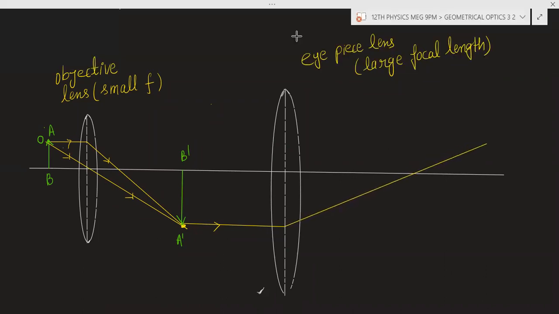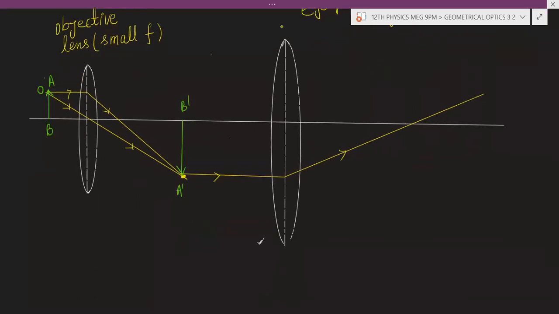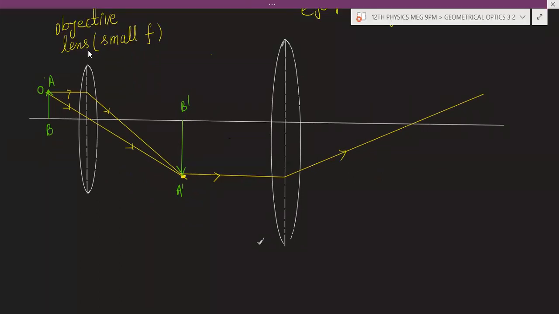Somewhere here will be the focus because the eyepiece is very large as compared to the objective. And another ray from this object will be like this.